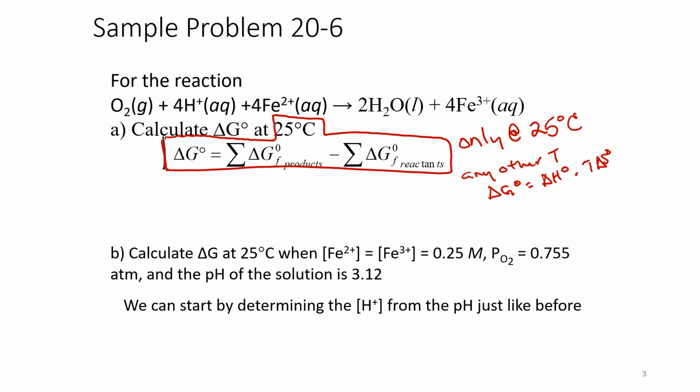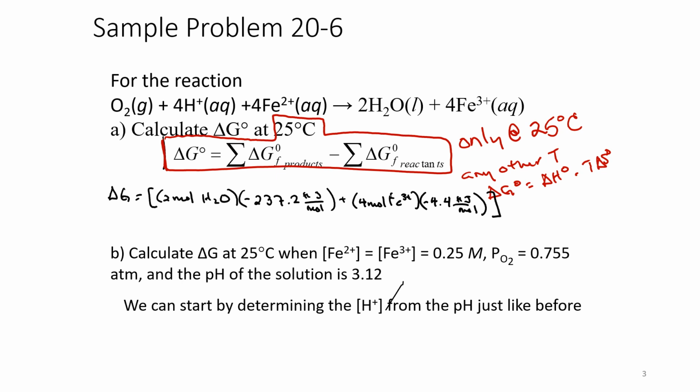So if I wanted to calculate this out, my delta G would be equal to, I have 2 moles of water. I'm going to write this out one time here so we can double check how we do these things. You're going to do these several times again, so if you get confused, I look this up and say, okay, negative 237.2 kilojoules per mole, plus 4 moles of iron 3+, and they are each negative 4.4 kilojoules per mole.